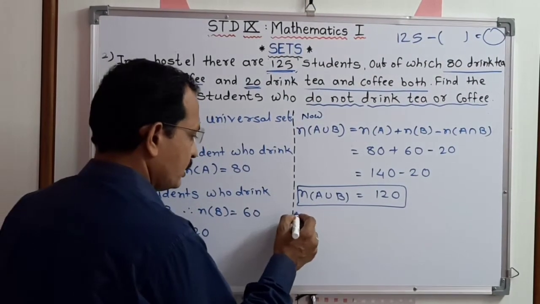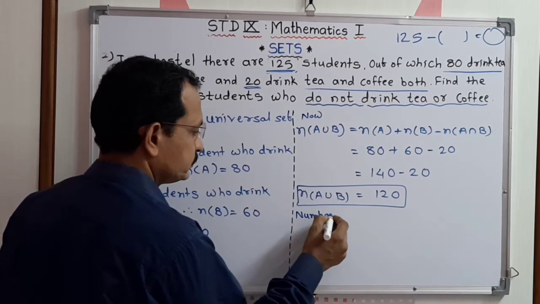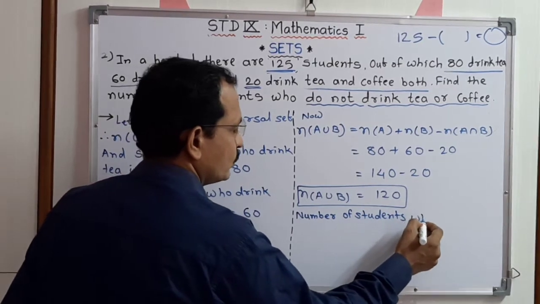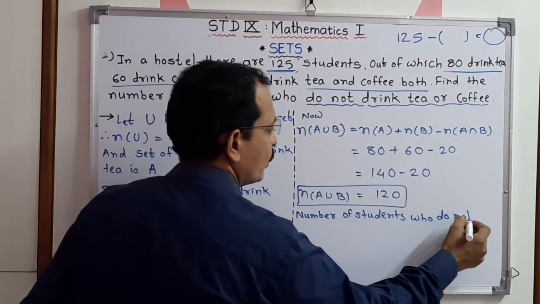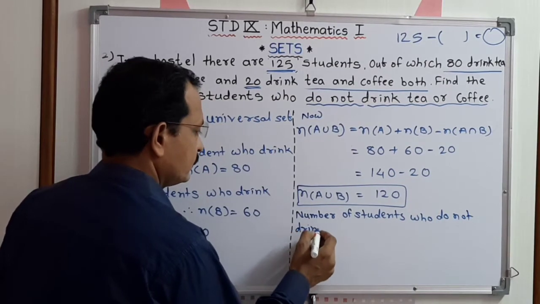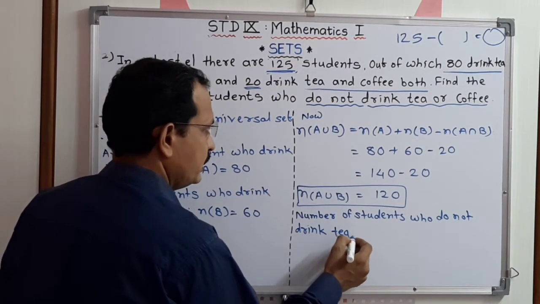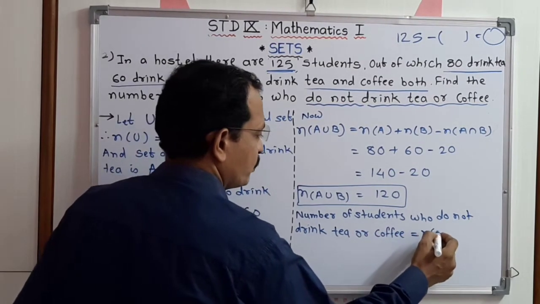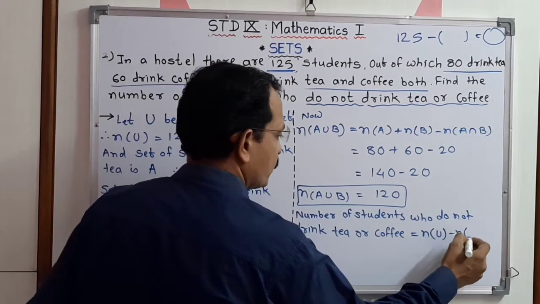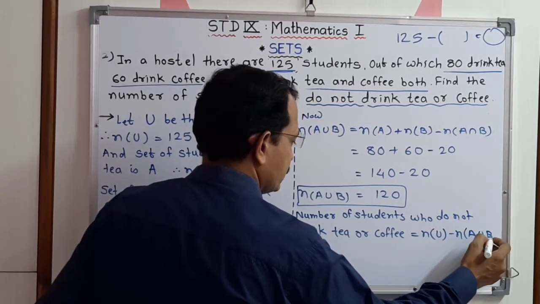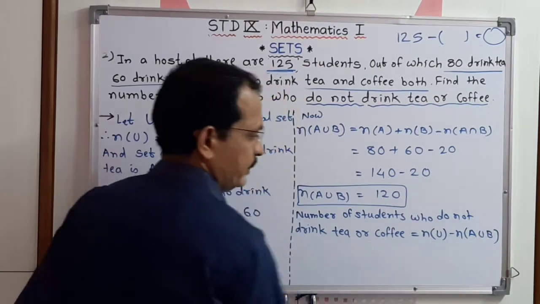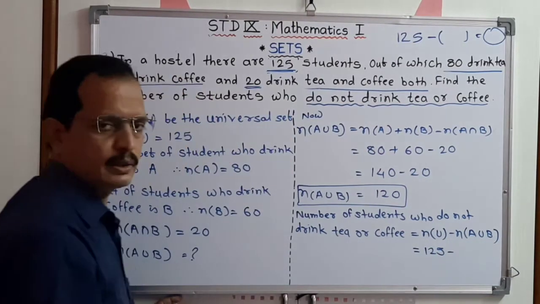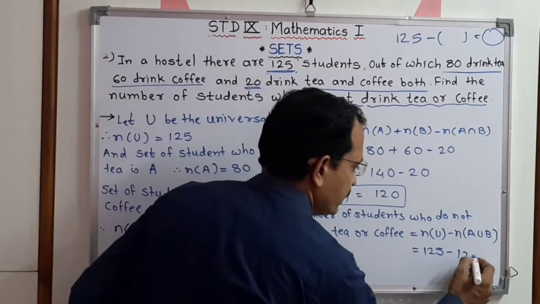Therefore we write: number of students who do not drink tea or coffee is equal to number of U minus number of A union B. Now number of U is 125 minus number of A union B is 120.